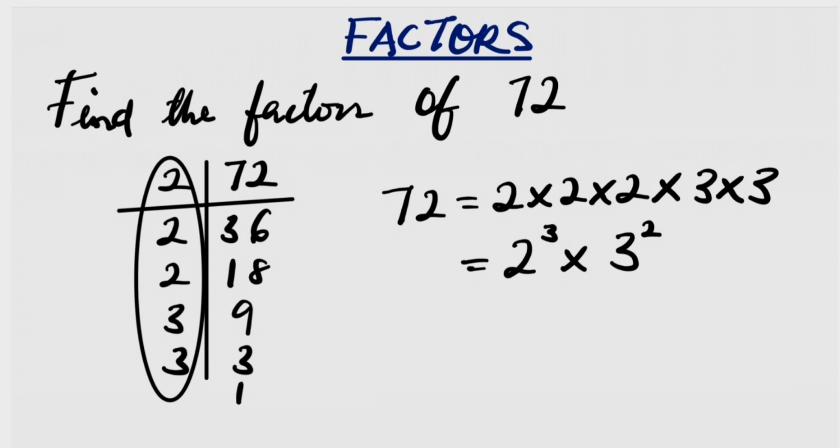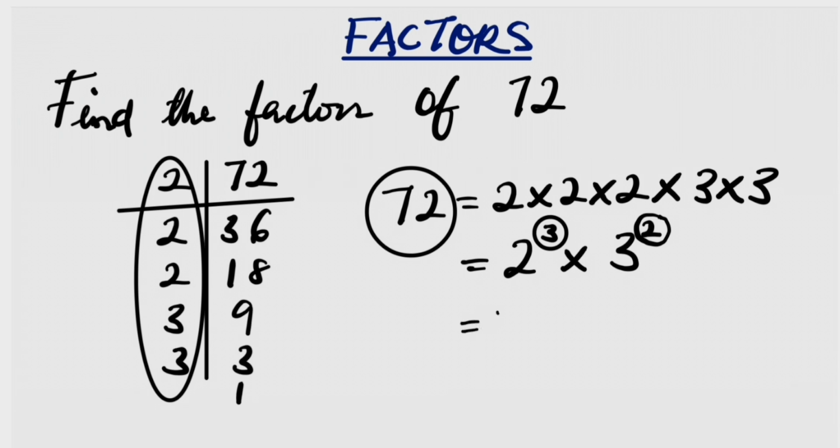Now for us to know how many factors 72 has, we simply need to add 1 to the exponent of each prime factor in the product. This means that we add 1 to 3, and we also add 1 to 2, and then we find their product.